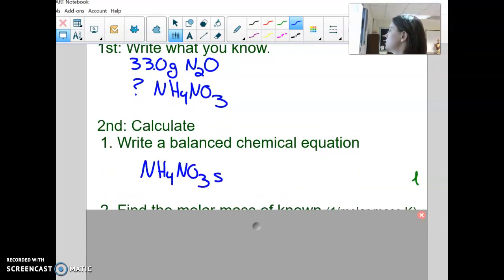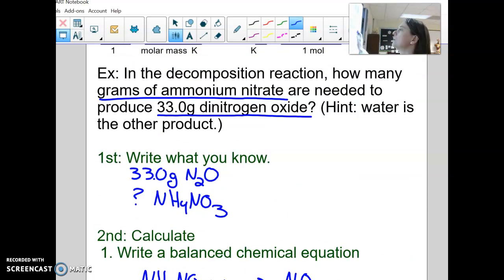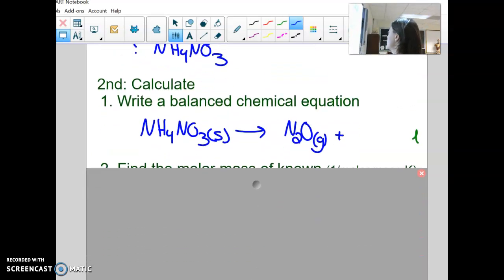Well, decomposition, so that's going to be solid. And then we talked about making nitrogen oxide, and you know that a non-metal oxide is going to be gas, and it said that water is the other product.